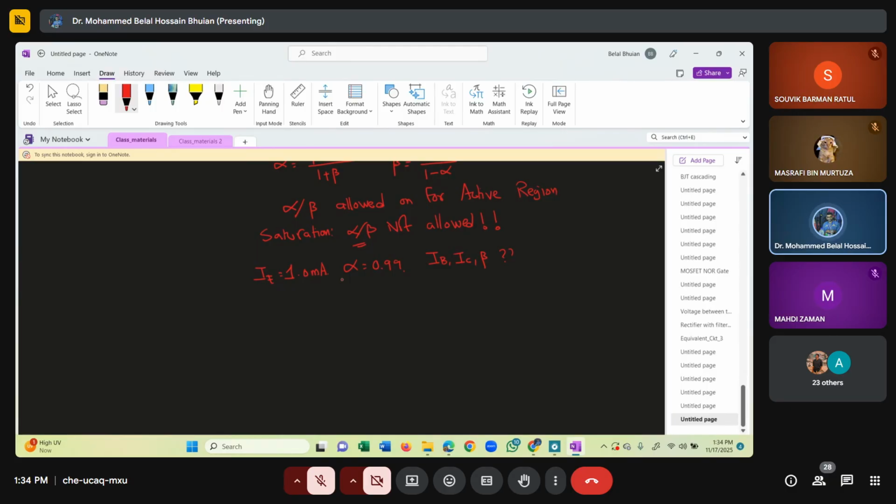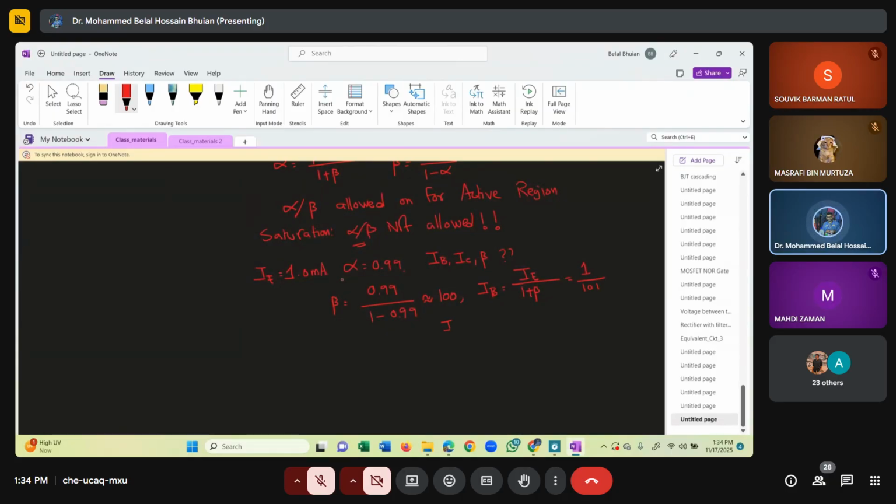First of all, we determine beta. Beta is equal to 0.99 divided by 1 minus 0.99, which roughly gives you 100. Then if I know beta, I can determine IB as IE divided by 1 plus beta, which gives us 1 divided by 101.